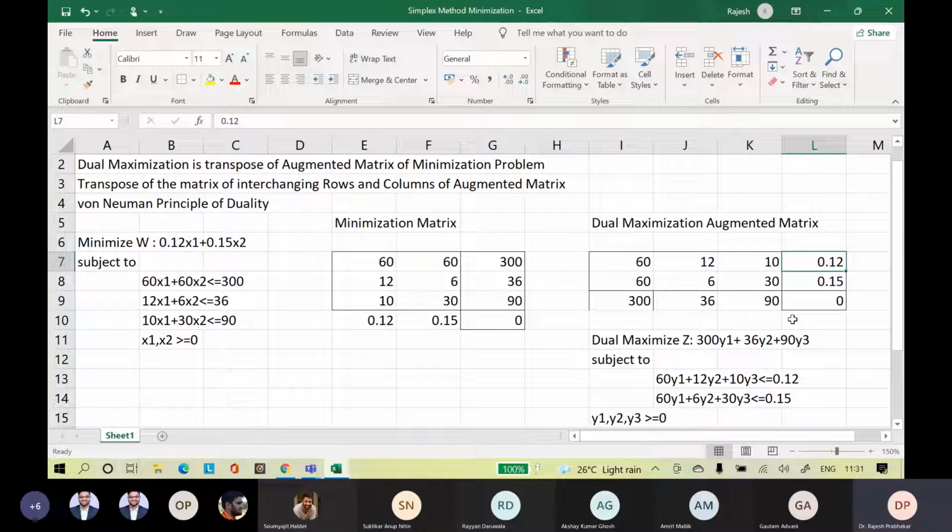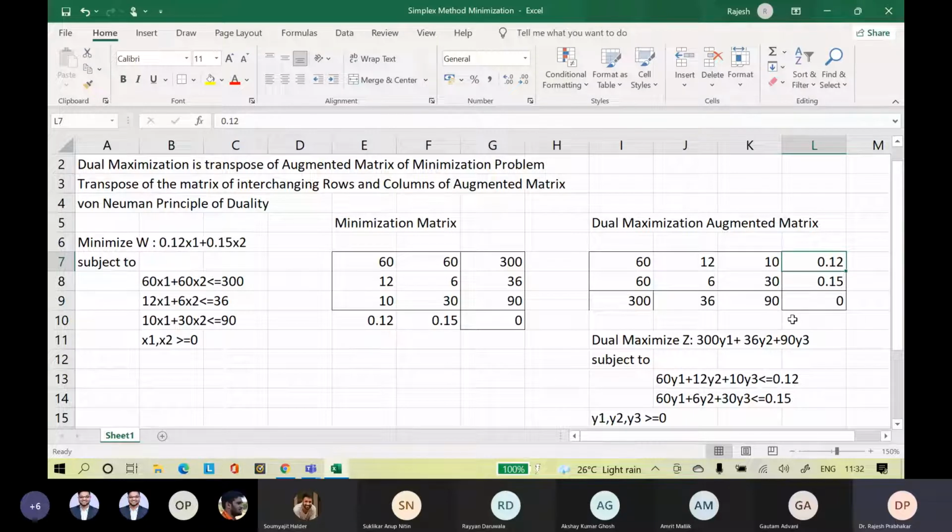But when you're manually calculating, you have to convert the minimization problem into a dual maximization problem. Then only the simplex method will work. Simplex is majorly developed for maximization problems. It works well with maximization problems. So you have to convert the minimization problem into a dual maximization and then solve it.